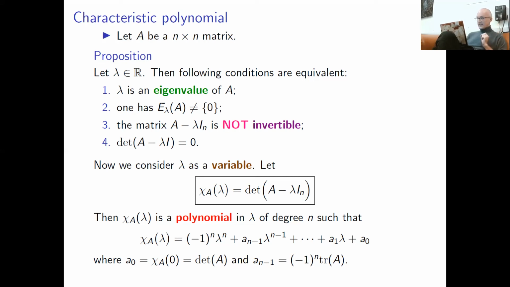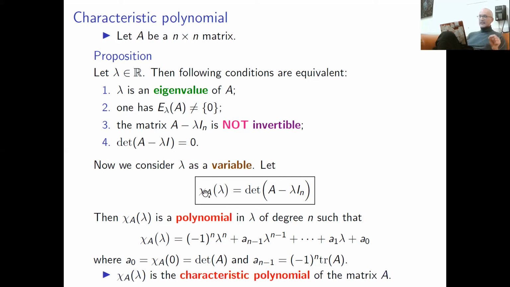So this polynomial is usually denoted like this: chi subscript A of lambda. Lambda is the traditional notation for the variable, for the unknown of this polynomial. And this polynomial is called the characteristic polynomial of the matrix A. This is a very important polynomial. You should remember its definition.